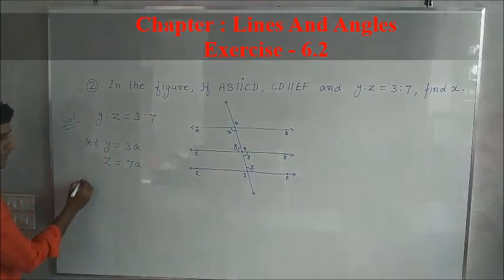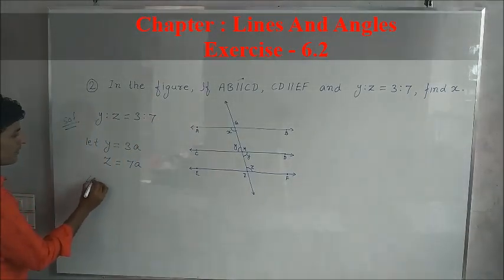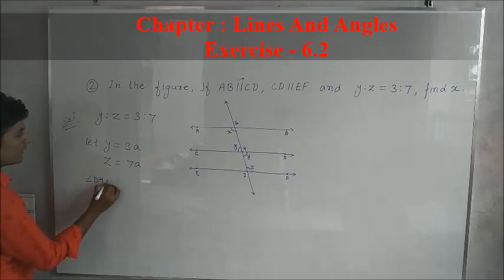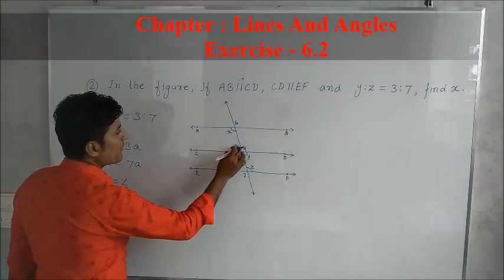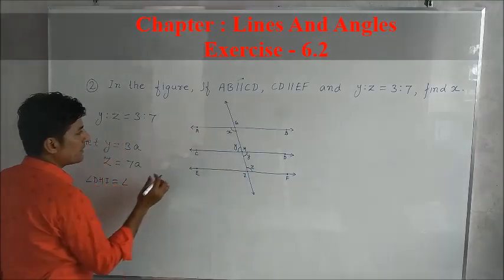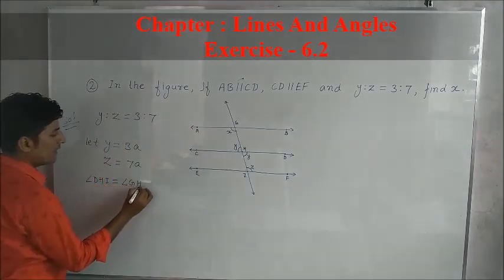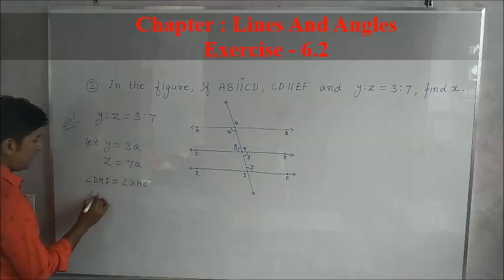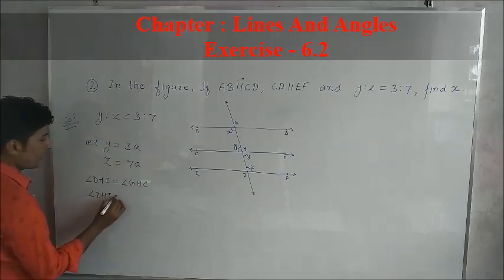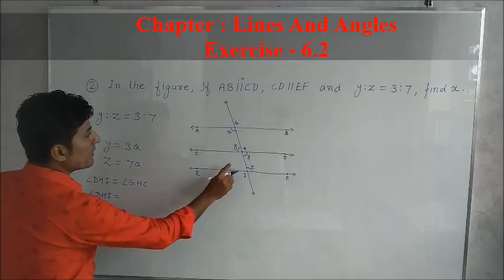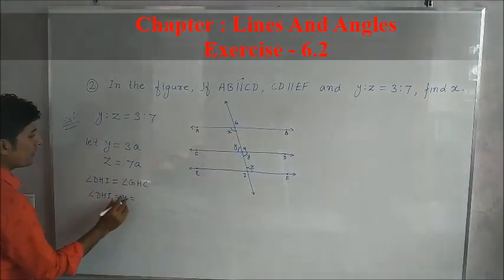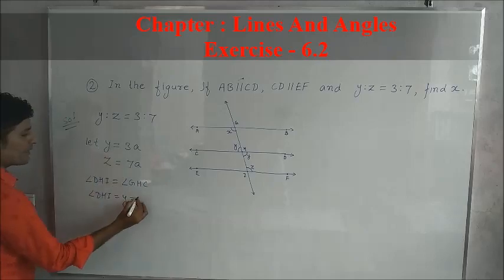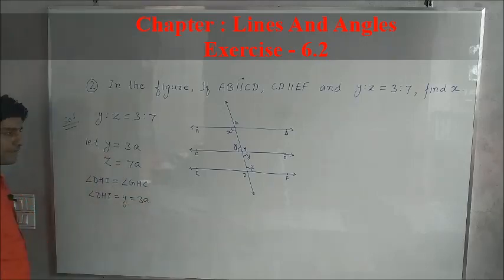So I will write the measurement of angle DHI is equal to the measurement of this angle, GHC. The measurement of angle GHC is given Y, so we can write Y, or 3A also.